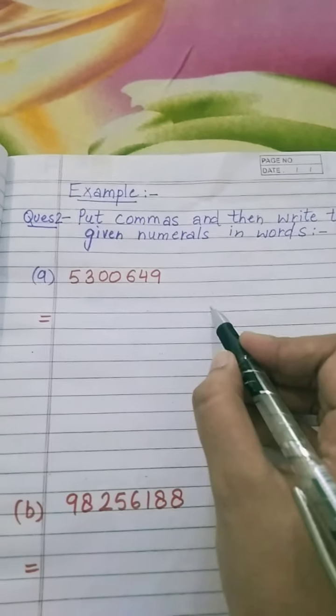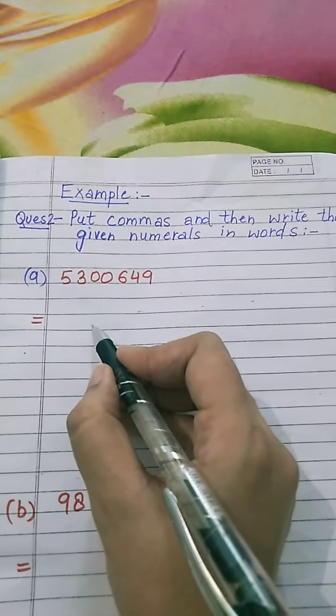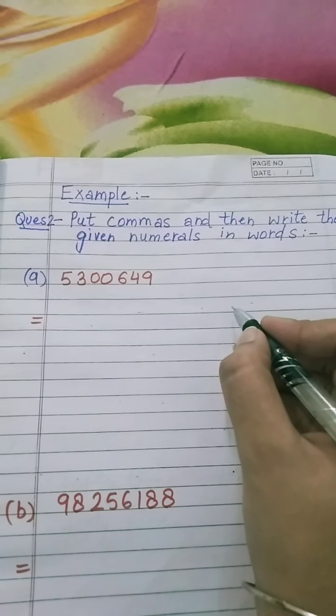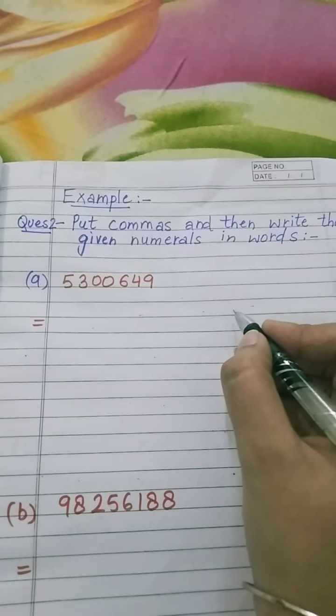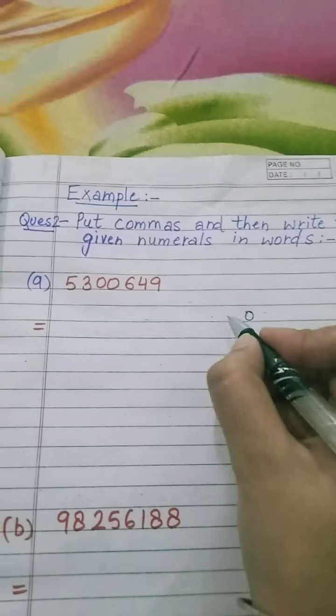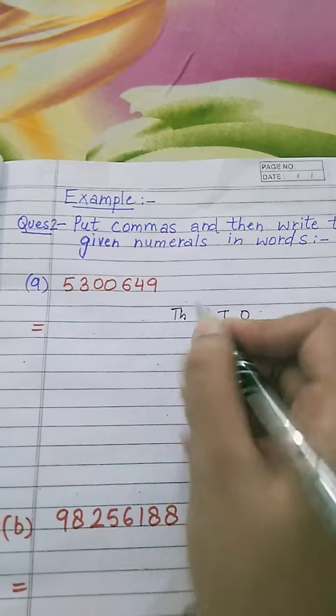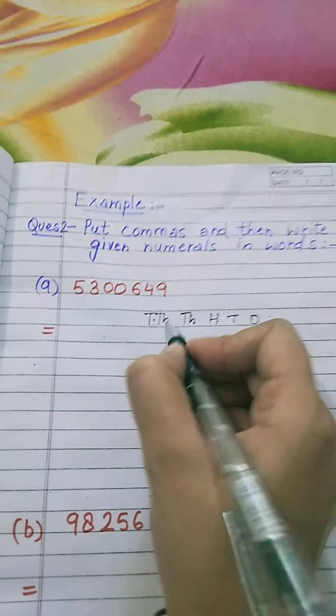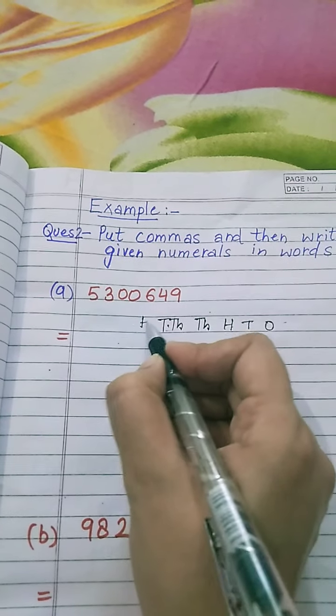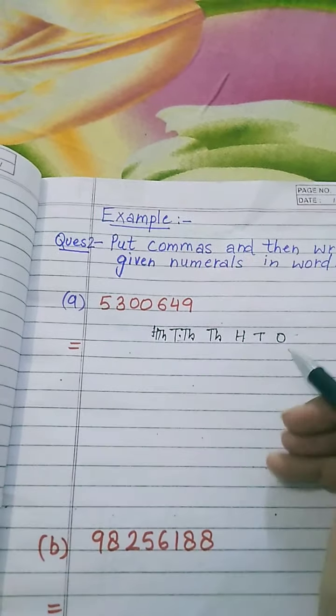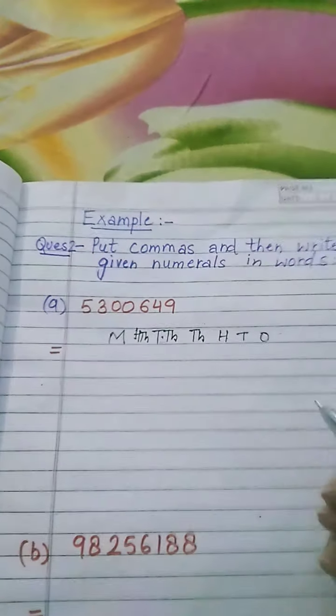So first of all, we will write down the places according to the international place value system. Ones, tens, 100, 1,000, 10,000, 100,000 and million.